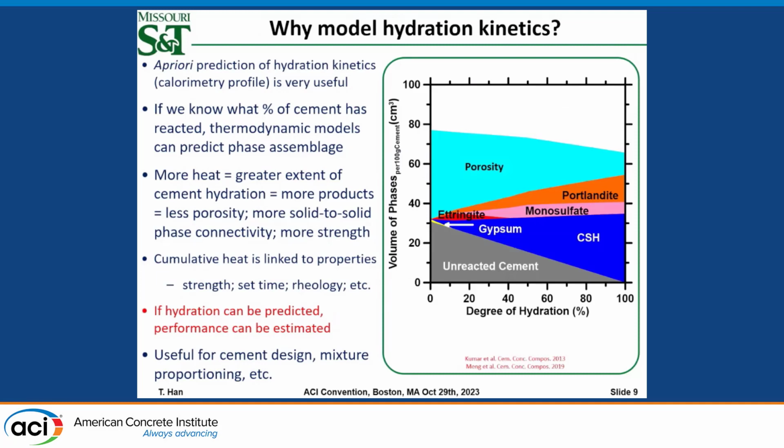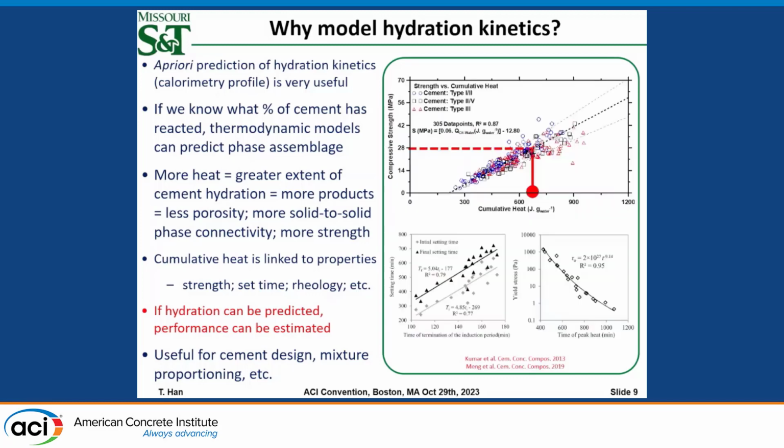So why do we want to focus on the hydration kinetics? Why do we want to model hydration kinetics? We think the hydration kinetics is one of the most important properties for cement and concrete. If we know how much heat is released, we can know the degree of hydration, and combined with thermodynamic simulations, we can know your microstructure and phase assemblage.